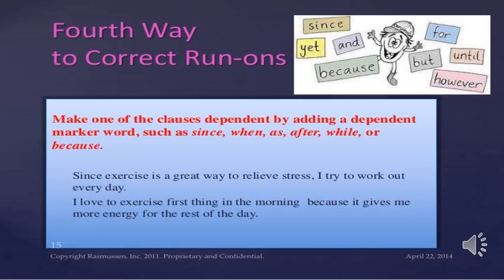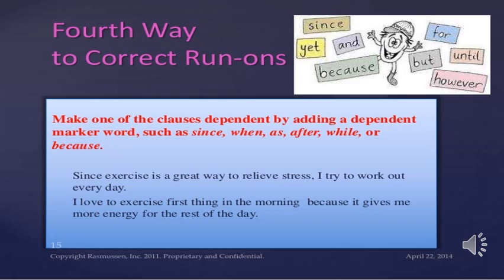The fourth way to correct run-on sentences is by using subordinating conjunctions such as when, since, while, after, because, etc. Since exercise is a great way to relieve stress, I try to work out every day.